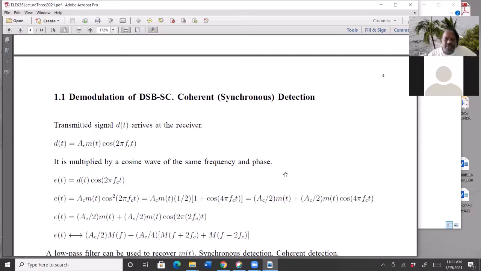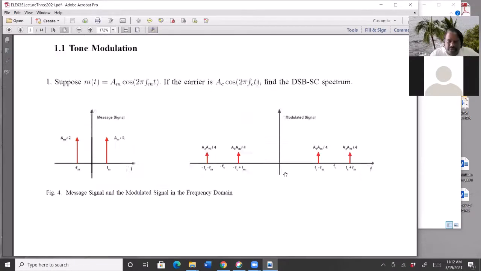Now, earlier I told you about a quick and dirty demodulation scheme that is called envelope detection or rectifier receiver. I also briefly mentioned we have an issue with that.